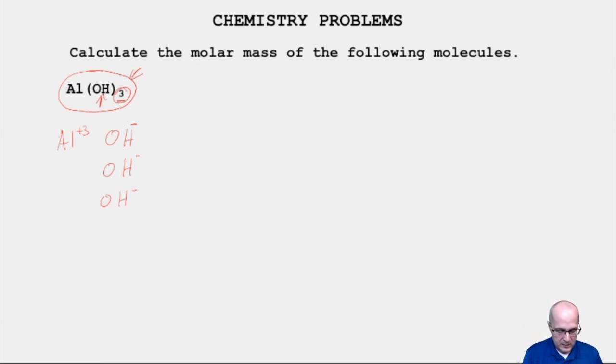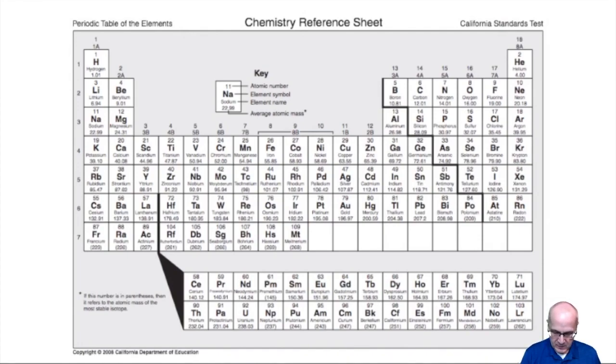Now, in this formula, we have 1 times aluminum, 1, 2, 3 times oxygen, 1, 2, 3 times hydrogen. All right? Now, again, we need the molar mass of this molecule, so we need to know the atomic masses of each individual atom or ion. There's aluminum, there's oxygen, and there's hydrogen.